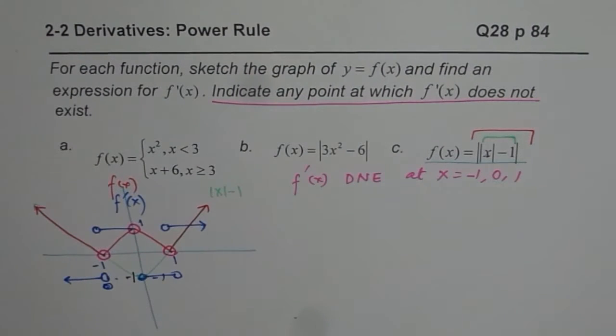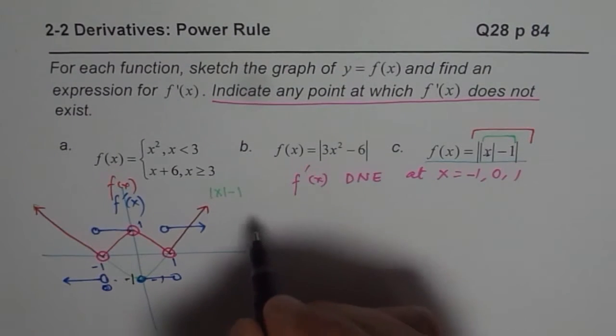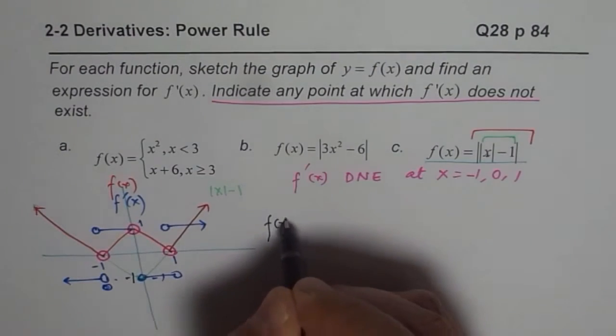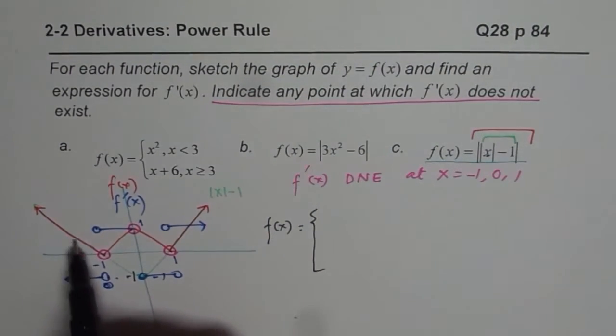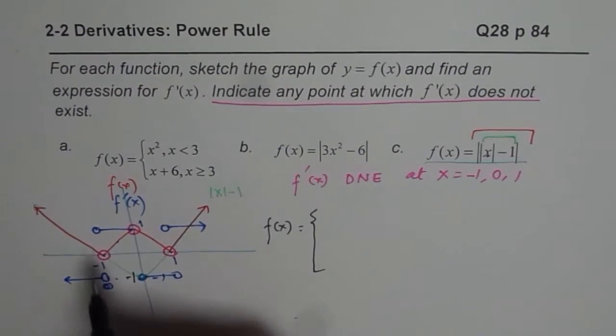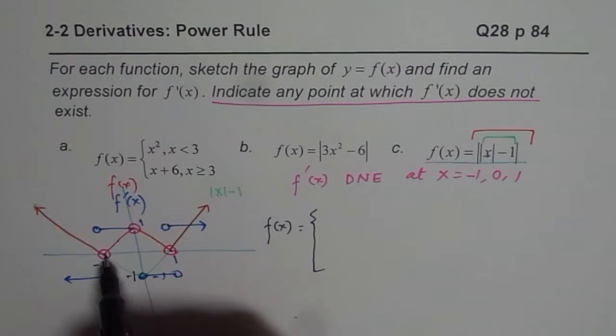Correct? Now what I left was the equation for your function and its derivative. I'd like you to pause the video and at least write down the equation. Here is how we'll write down the equation for f of x. It is a piecewise function, as you can very clearly see. How many pieces? 1, 2, 3, 4.